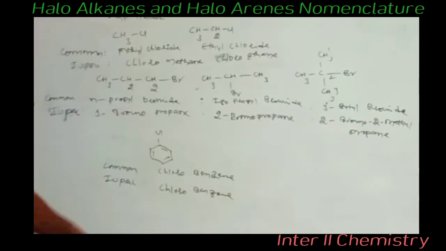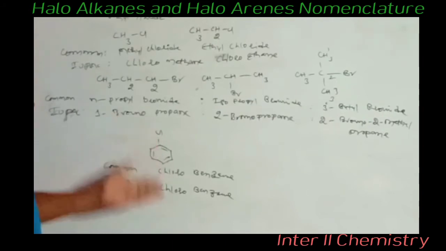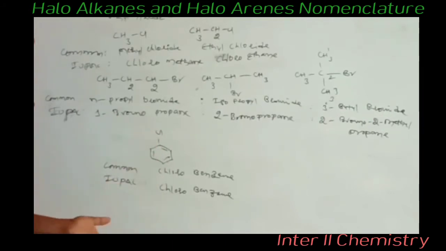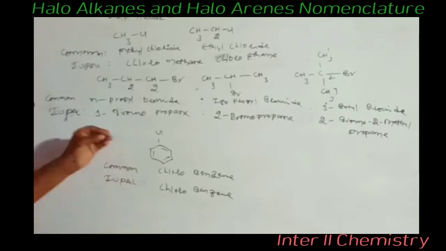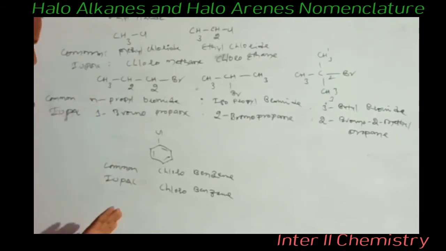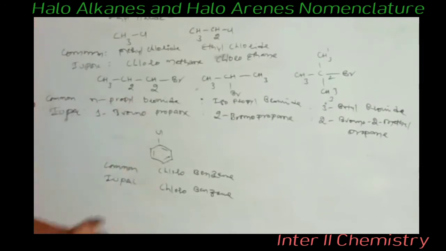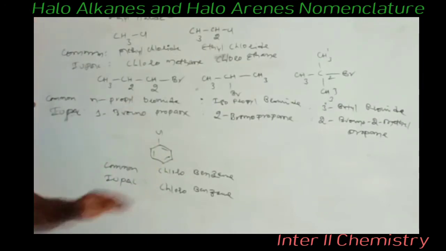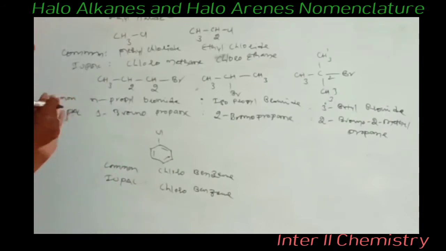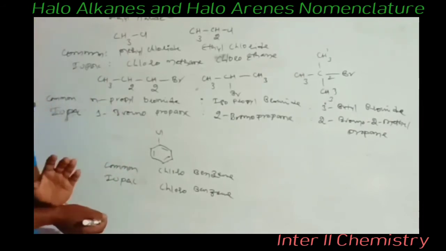If you put bromine here, it is bromobenzene. If you put iodine, it is iodobenzene. If it is chlorine, chlorobenzene. Whatever the halogen may be, you have to write the halogen name first as halo. Halo means fluoro, chloro, bromo, iodo, whatever it may be. Then you write the hydrocarbon name. So it is chlorobenzene. But you don't say phenyl chloride.